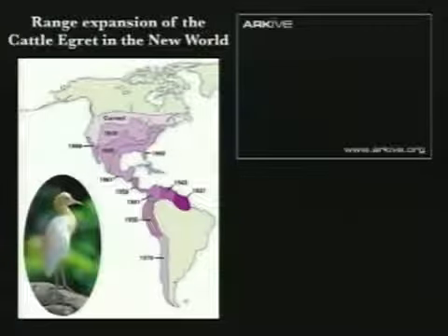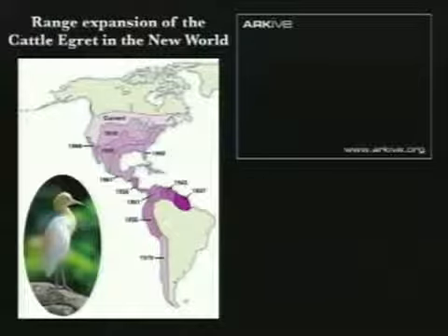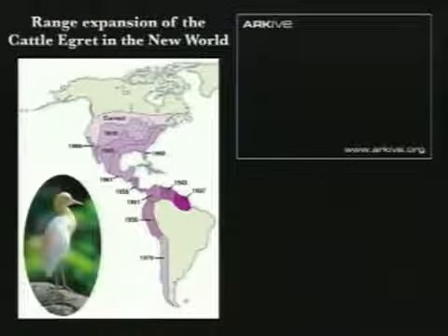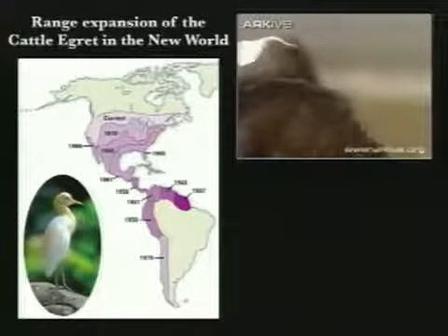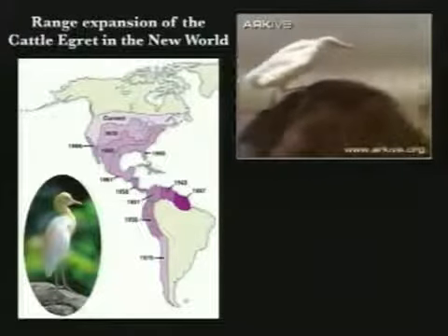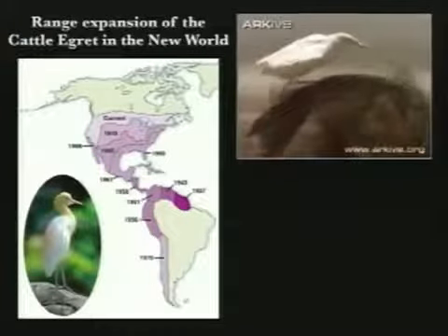Hopefully you're getting a better sense of what ecology is. Let me give you an example of a study of distribution and abundance. The cattle egret is a fine little bird that used to live only in the old world in Africa. There's one riding on the back of a wildebeest or something.